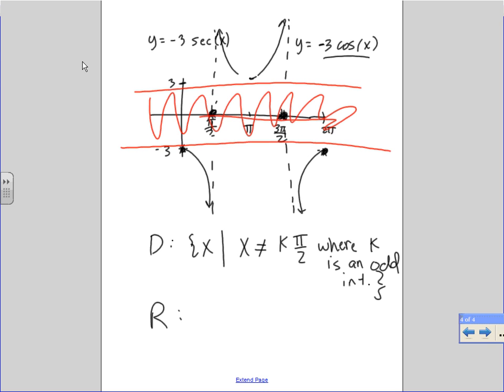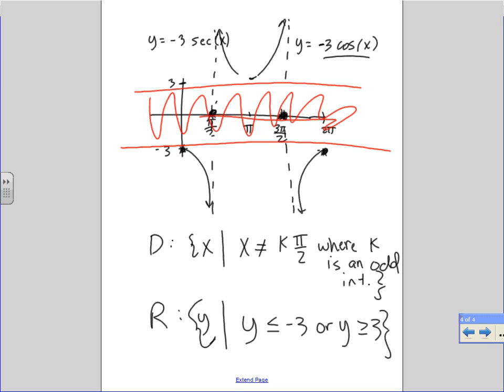My values should be y because it's range. So for all y such that y is less than or equal to -3, or y is greater than or equal to +3.